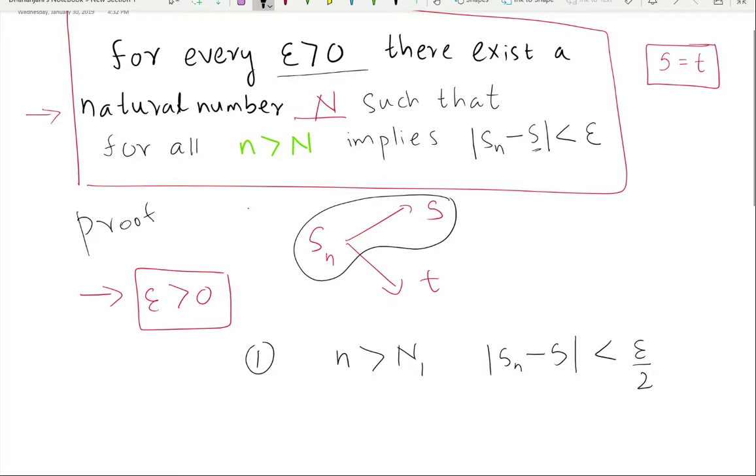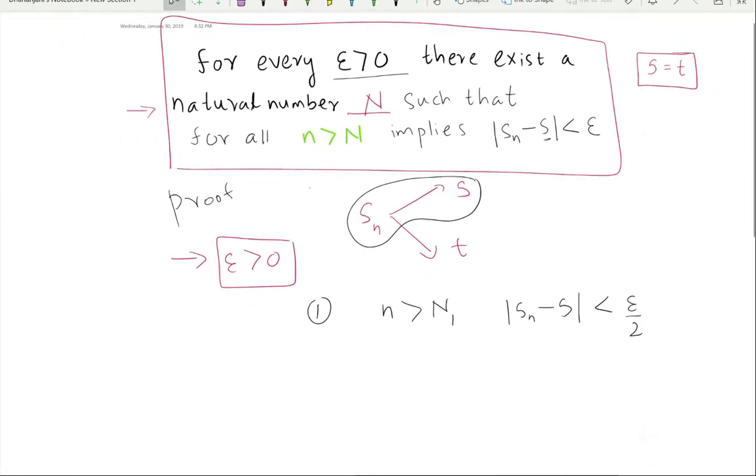Now why do I write epsilon over 2 rather than epsilon? Well, I will show it to you later because it's going to be helpful. But really epsilon is a positive number, so epsilon over 2 is a positive number, so it does no harm to write epsilon over 2. Okay, so that's the first scenario.